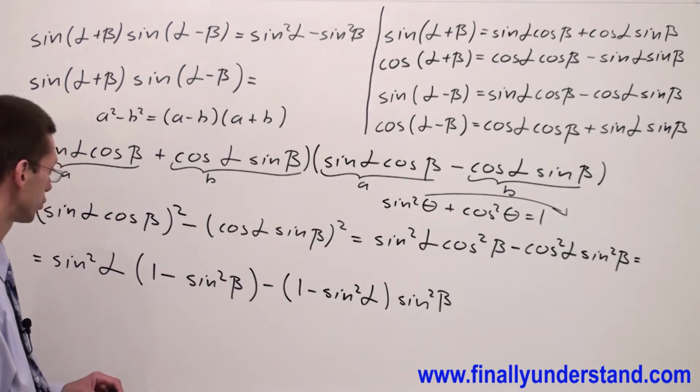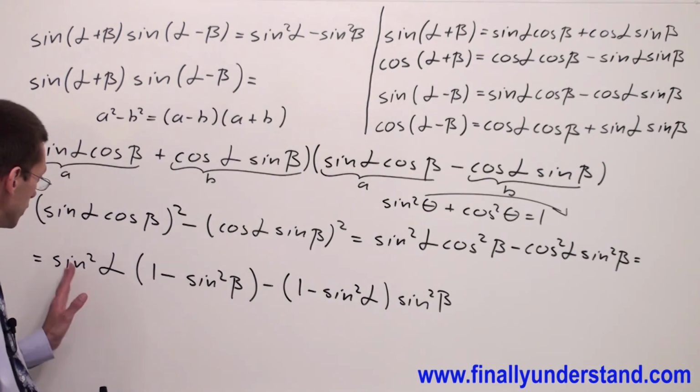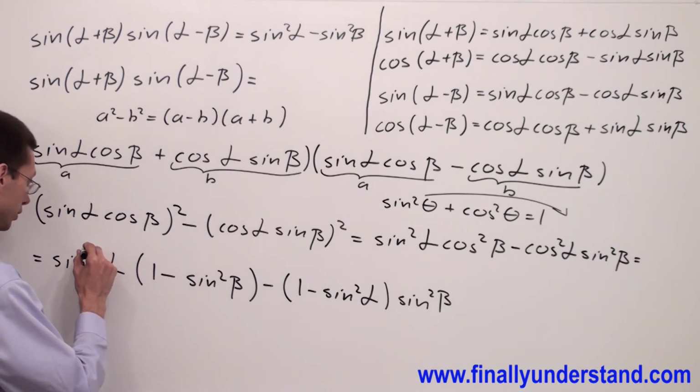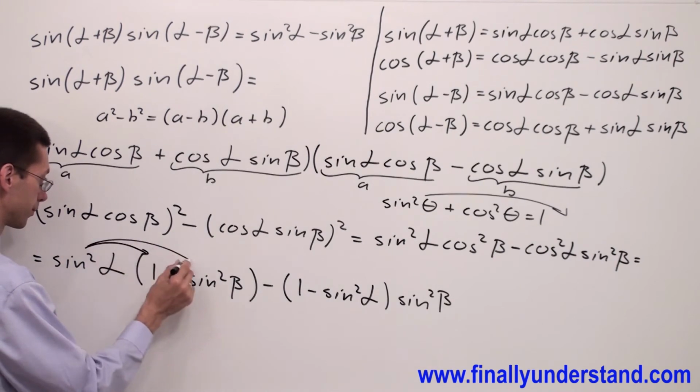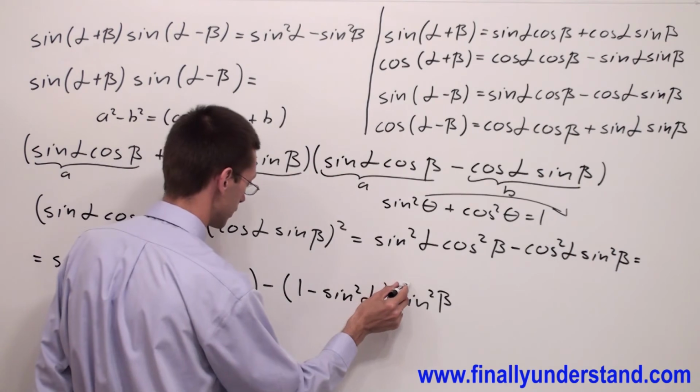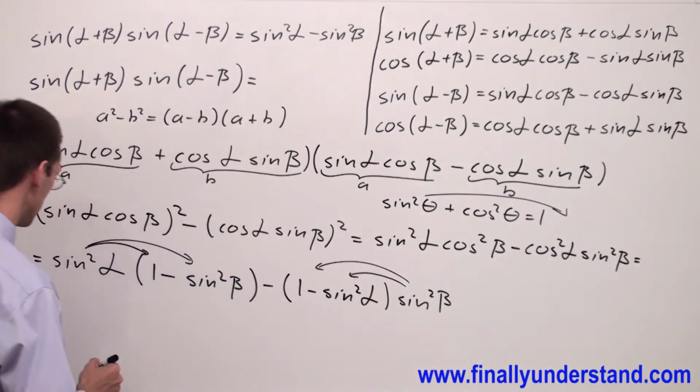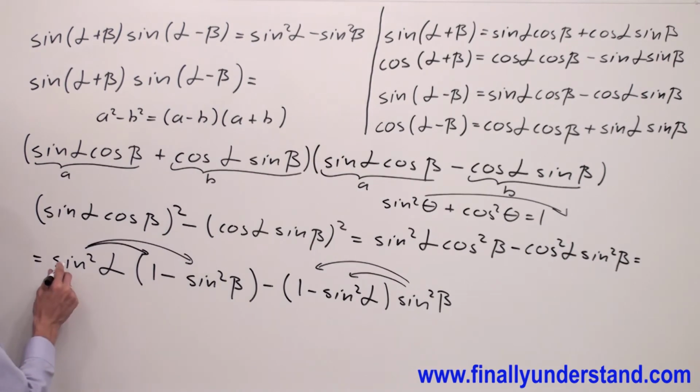Next, we're supposed to just perform the multiplication. We're supposed to distribute this sign into the parentheses and this sign into the parentheses. And let's take a look what we are going to have. Sine square alpha times 1 is equal sine square alpha.